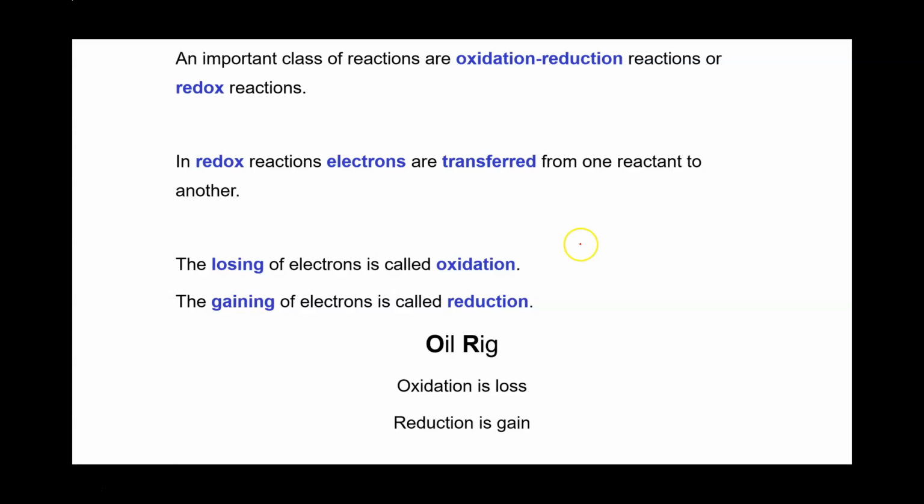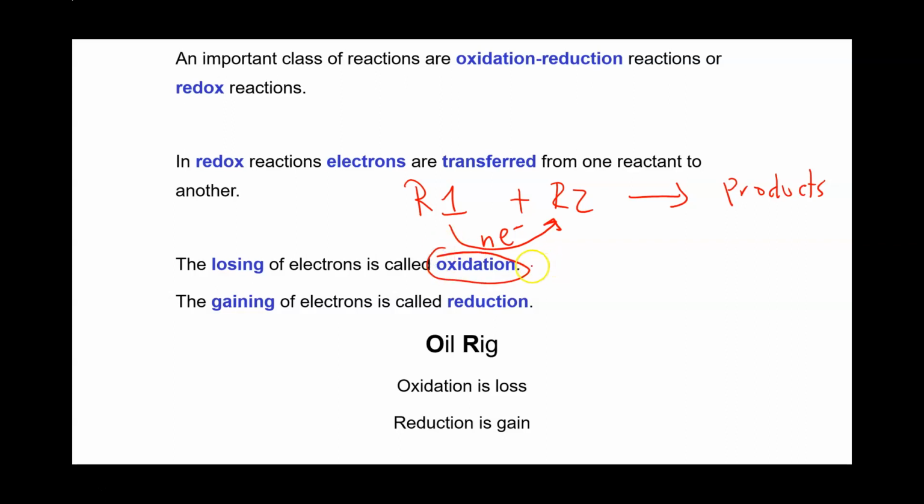So typically you might have two reactants. So maybe you've got reactant 1 and you've got reactant 2, and then they go on to form some products. What's going to happen is some number of electrons, let's call it n, will get transferred from one reactant to the other. So one reactant will lose electrons and undergo oxidation.